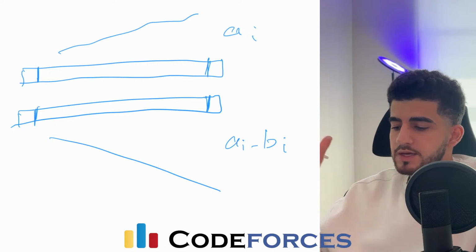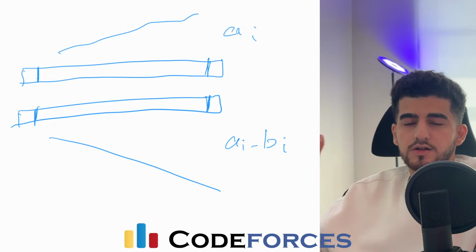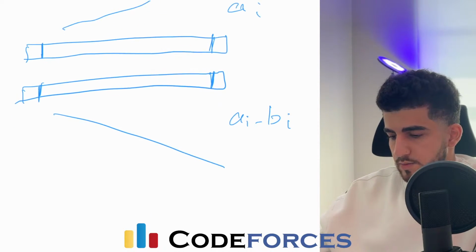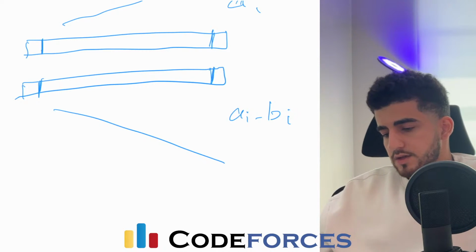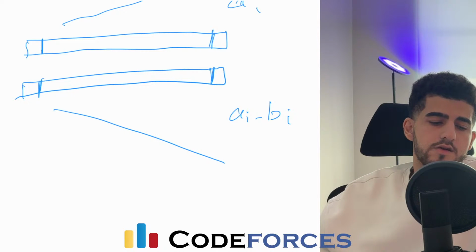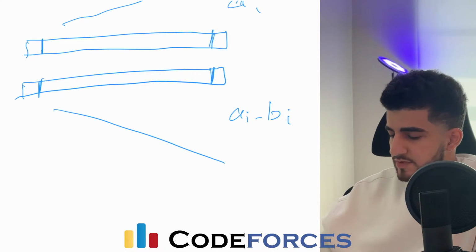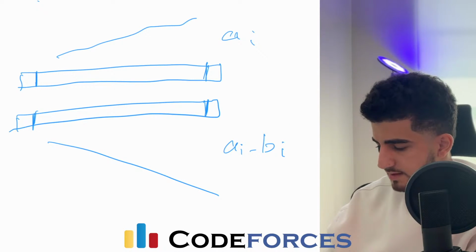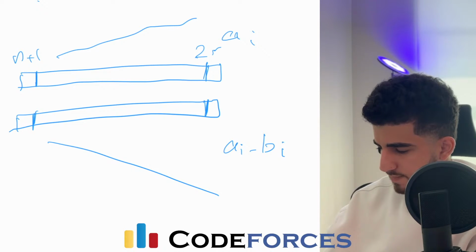For example, it is possible that the AIs are from n plus 1 to 2n, and these have the worst return.